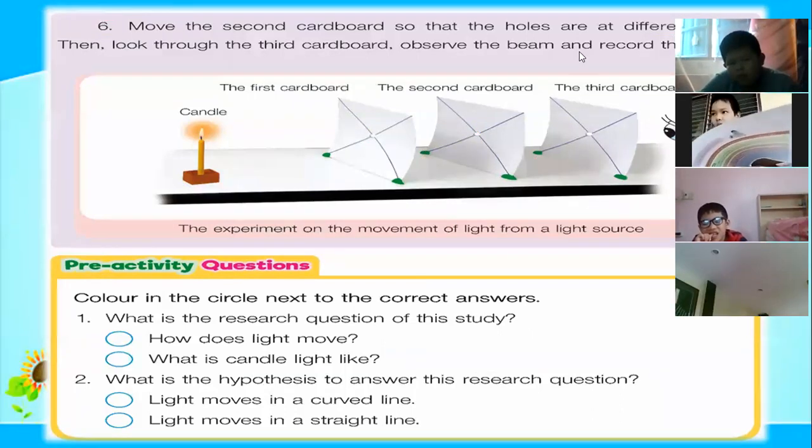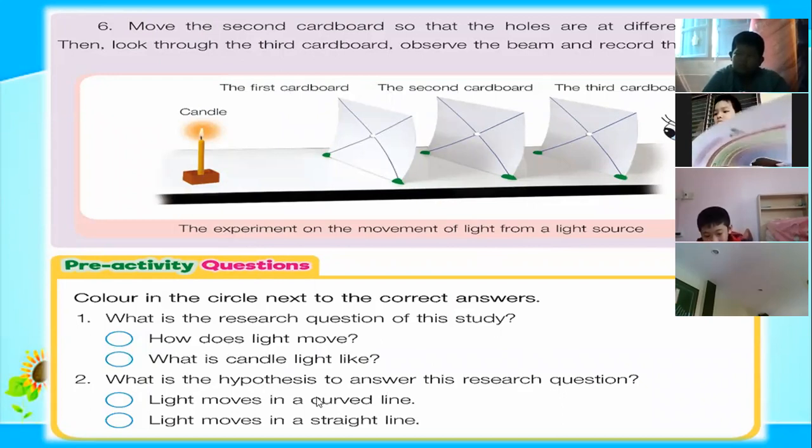Okay, so after performing this whole experiment, what do we observe? We have to answer the questions. So what is the research question of this study? Students, why do we do this whole experiment? What do we want to learn? How does light move?